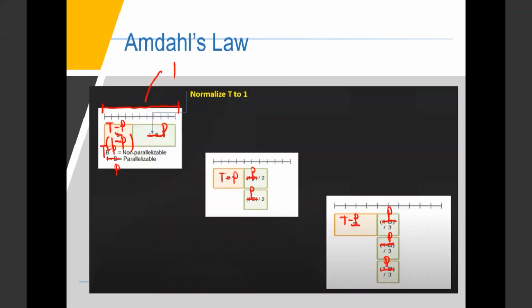T equals, we are going to find out the execution time, 1 minus P, because I normalized T to 1, plus P over N. This one here is a single core, so you get an execution time of 1, because we already normalized it to 1. Let's have N equal to 2, which means you are using a dual core processor.